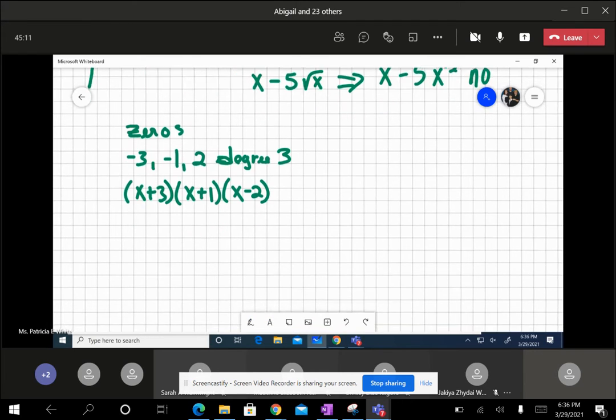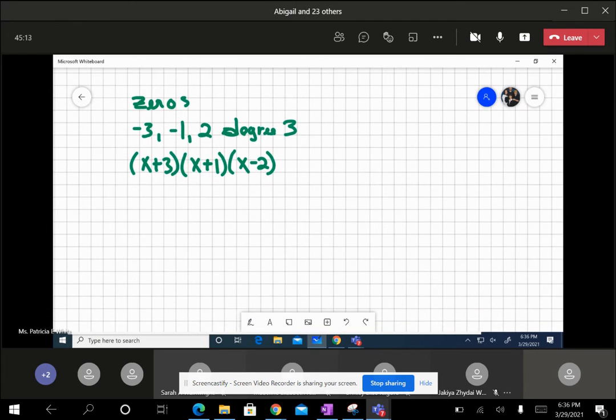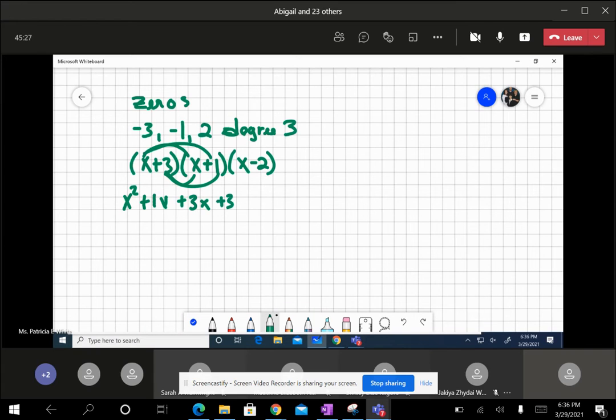I just got to multiply through and find out x squared, 1x, 3x, and 3. So if I clean that up, I get x squared plus 4x plus 3.